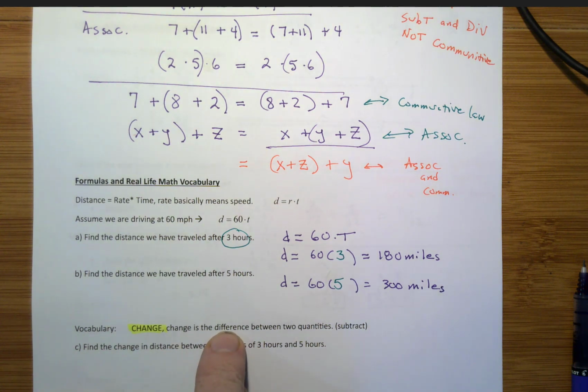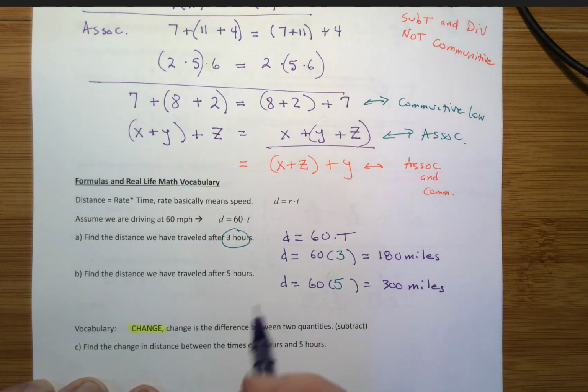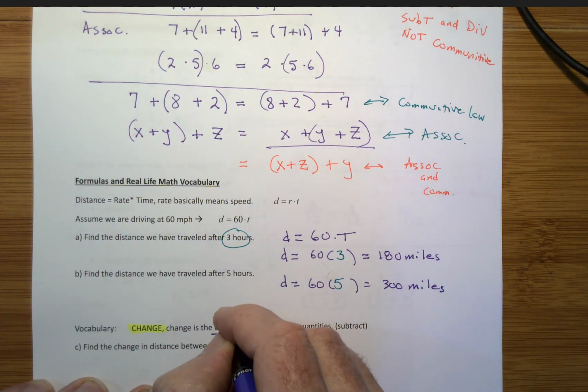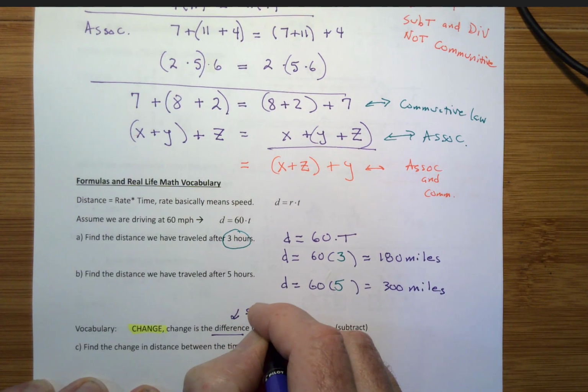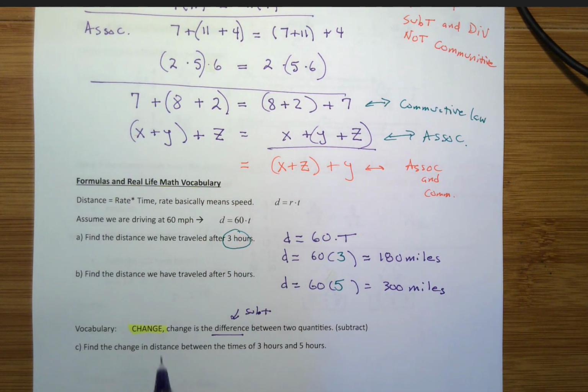Change is the difference between two quantities. Now, difference is just a fancy word for subtraction. So if you need to find change, which we will need to find for lots of different things, it means subtracting. So find the change in distance between our times of 3 hours of driving and 5 hours of driving.